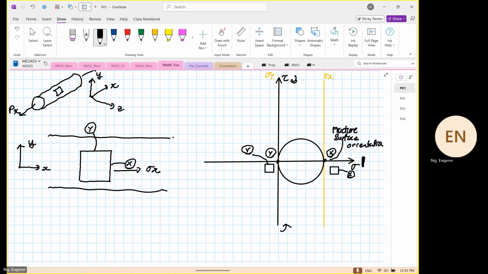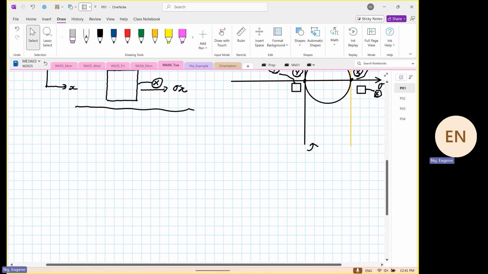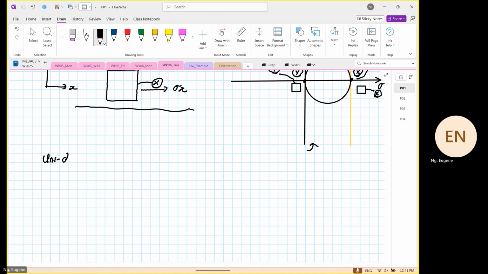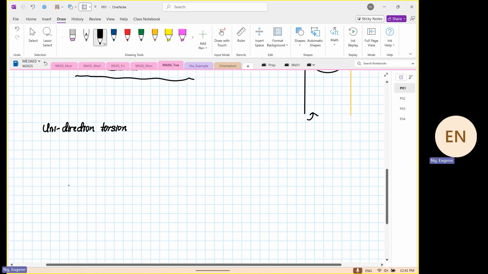Next, we are going to do positive. The next thing we are going to deal with is unidirectional torsion. Okay. So what is going to happen now is we have our chalk.